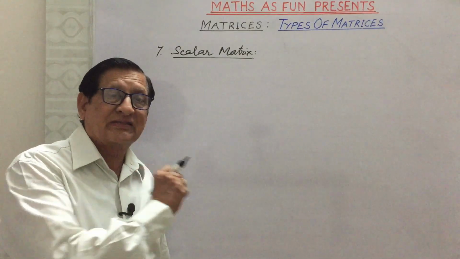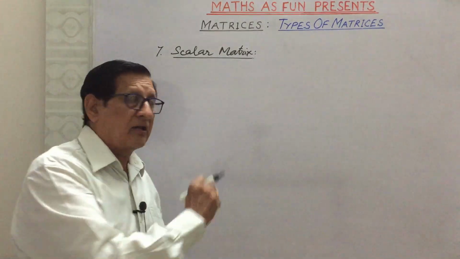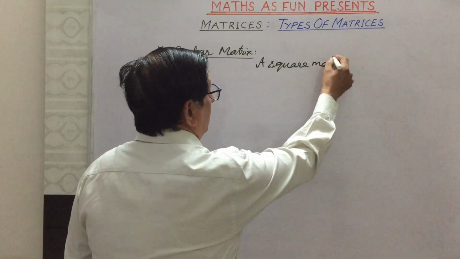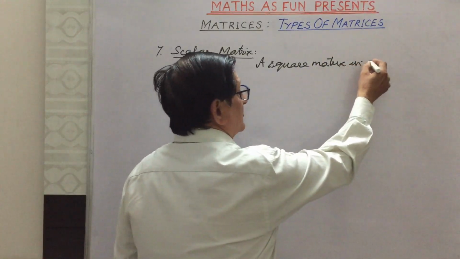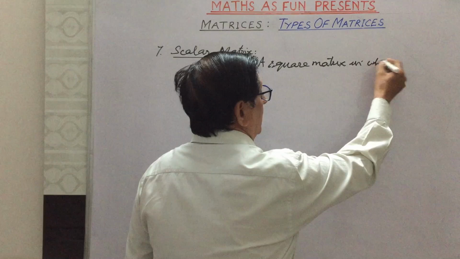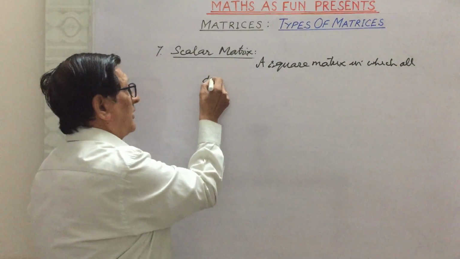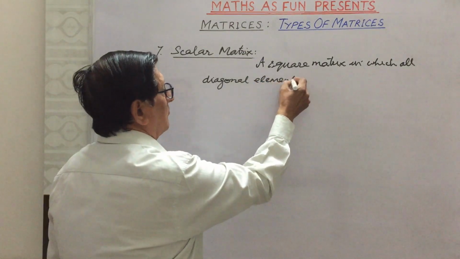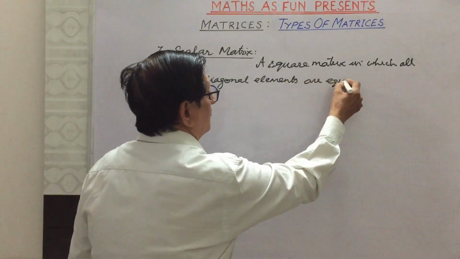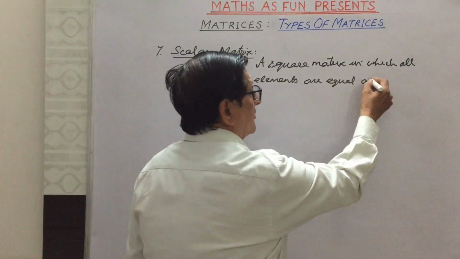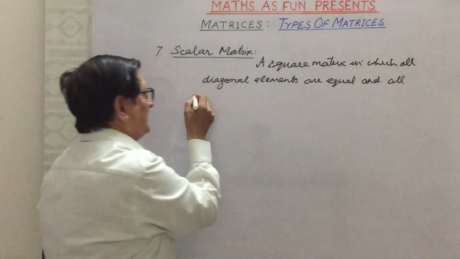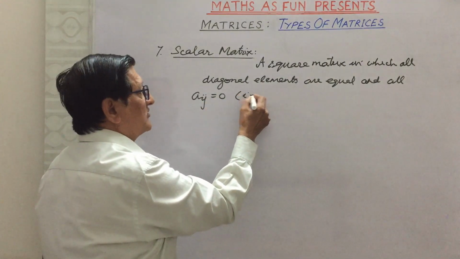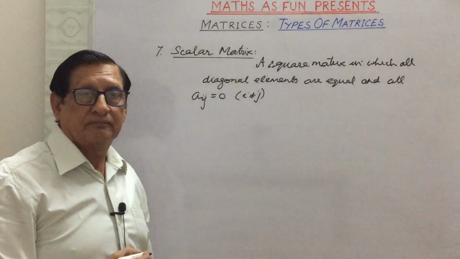Next type is a scalar matrix. A scalar matrix is a square matrix in which all diagonal elements are equal and all aij is equal to 0 for i is not equal to j.